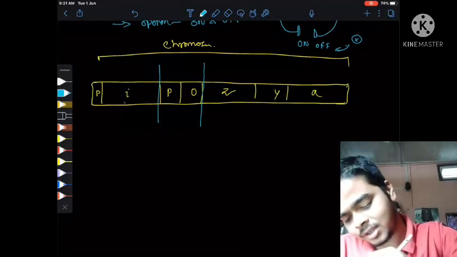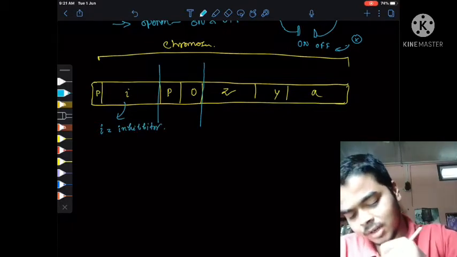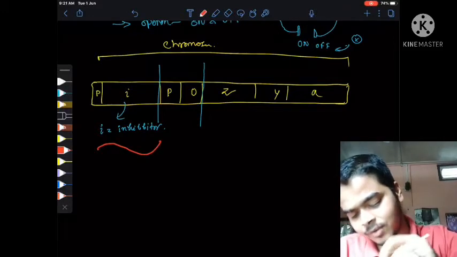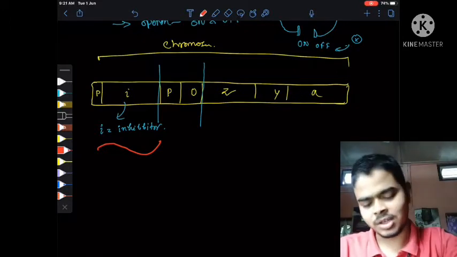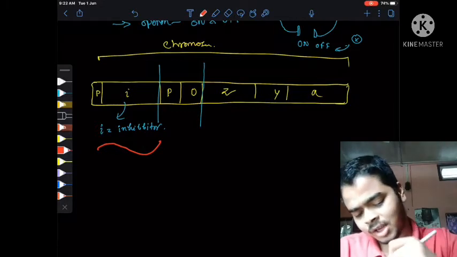Now the I gene, I is for inhibitor, right? The I gene transcribes an mRNA. For example, this is mRNA. Actually the chromosome transcribes mRNA, then the mRNA is translated, and they produce the protein, right? Now the I gene transcribes an mRNA.